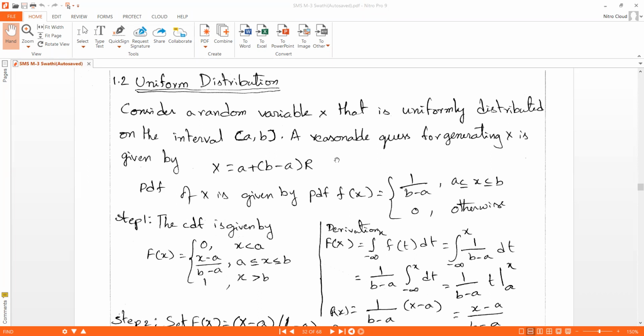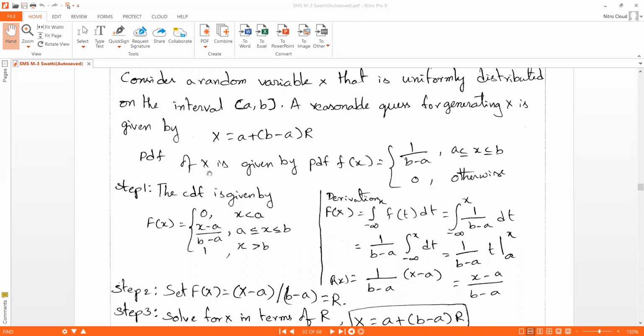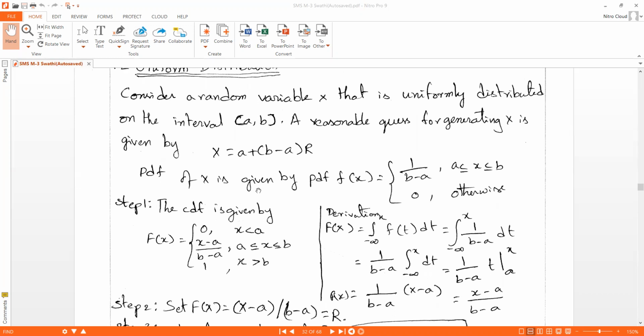Now, we know the uniform distribution PDF. What is the PDF for a uniform distribution? For the uniform distribution, f of x is equal to 1 by b minus a if the x value is a less than or equal to x less than or equal to b, and f of x equal to 0 otherwise.